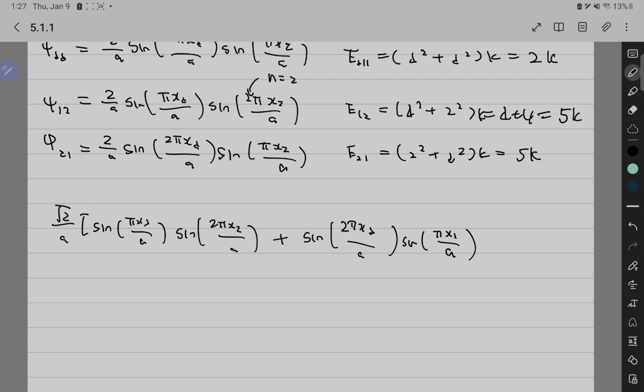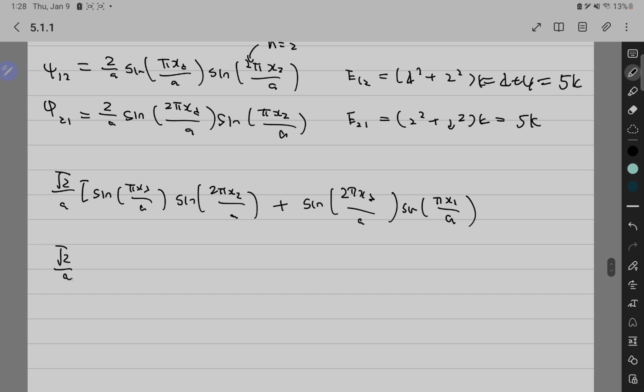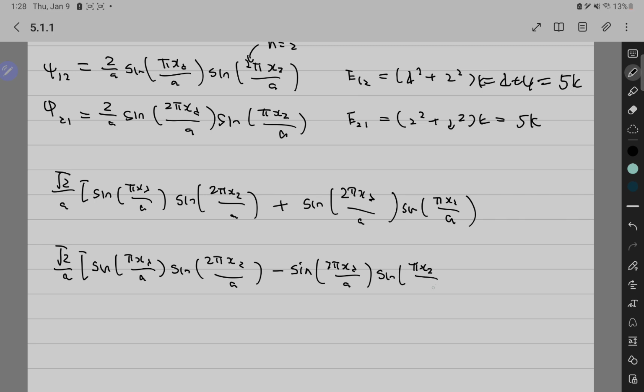But now is the very interesting case, which is if the particles are identical fermions. According to the formula we have all the way above, this is going to be equal to sine of pi x1 over a, sine of 2 pi x2 over a, minus sine of 2 pi x1 over a, sine of pi x2 over a.